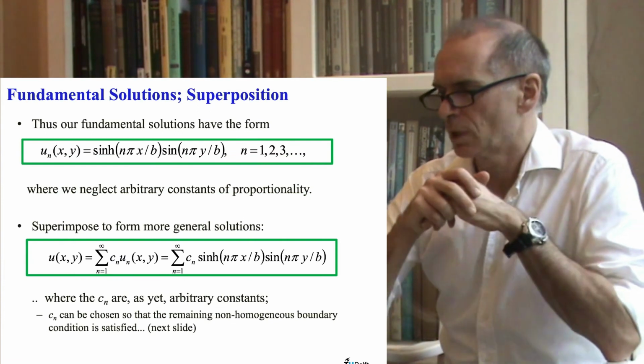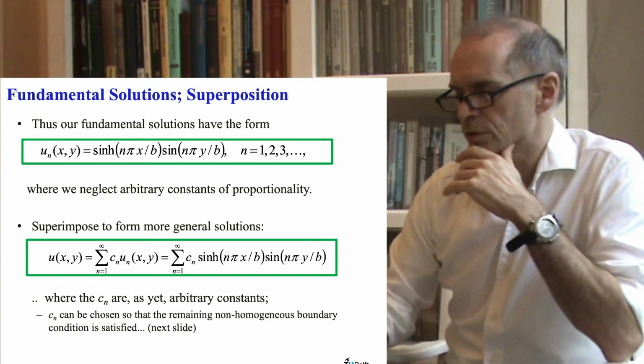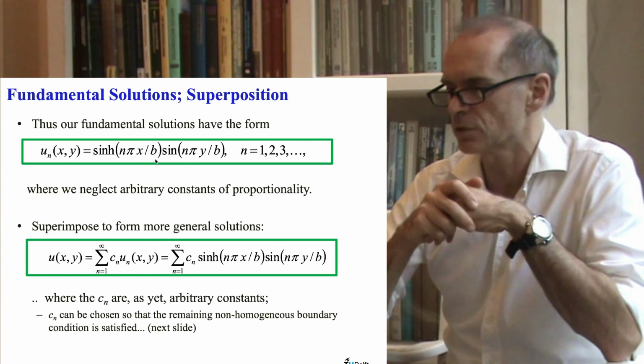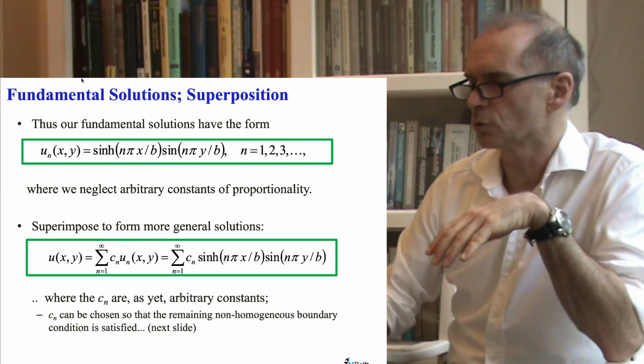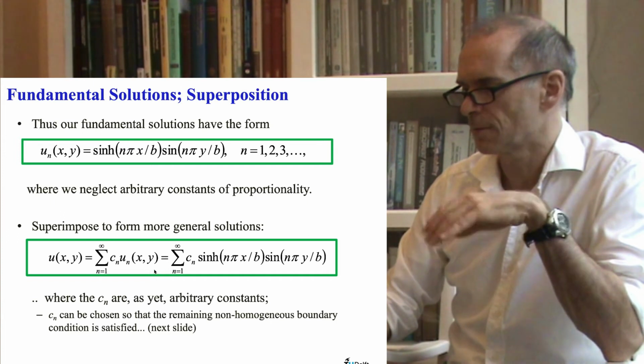And so we arrive at the conclusion that our fundamental solutions, the products of functions of x and y, are actually of this form now. So we have a sine function in the y direction and a hyperbolic sine function in the x direction. And again, we superimpose all those separable solutions, the fundamental solutions, in a big series.